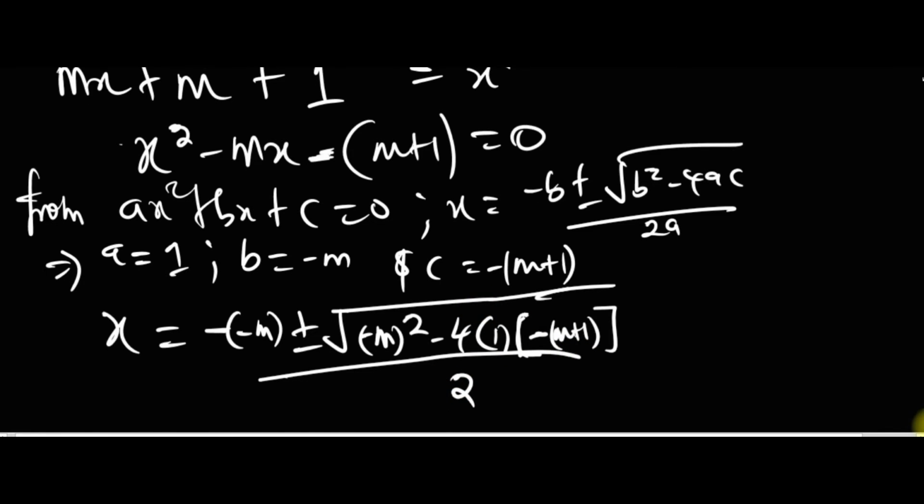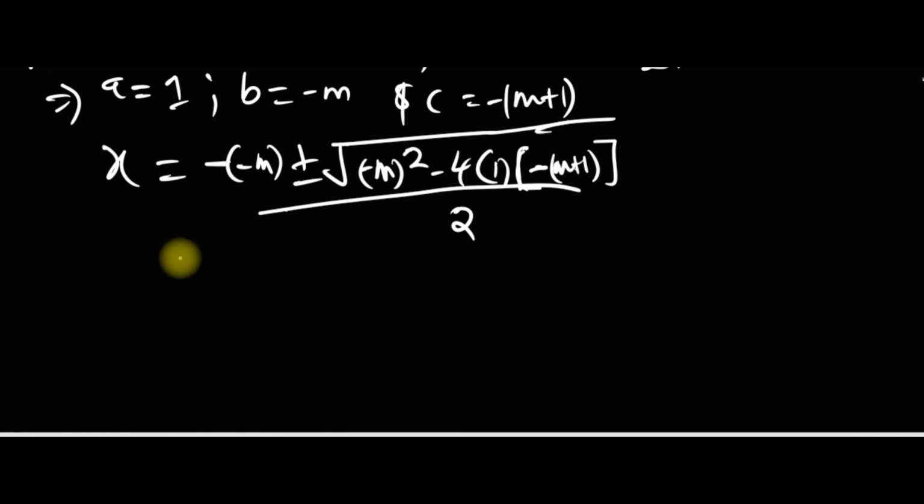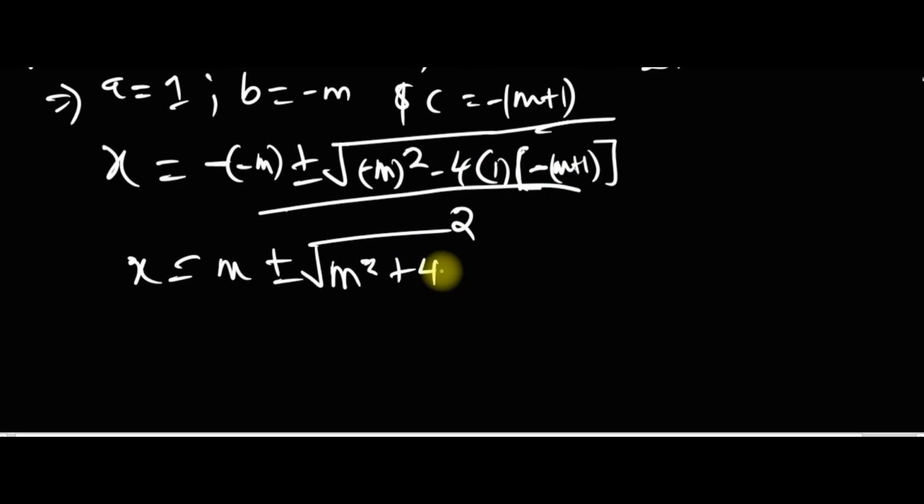So let's continue. We have x is m plus or minus the square root of m squared, minus times minus plus, so 4m plus 4, over 2.